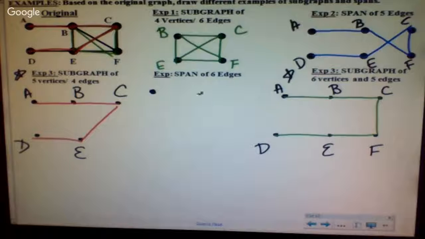And then finally, this one, again, it's a span, so you should automatically have all 6 dots. A, B, C, D, E, and F. This time they want us to connect with 6 edges. So what would you like to draw?